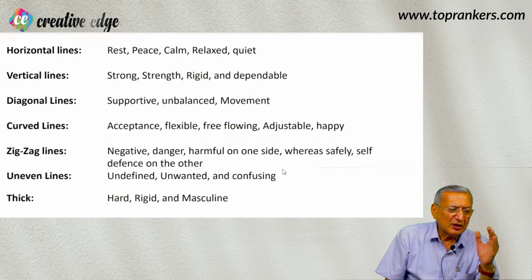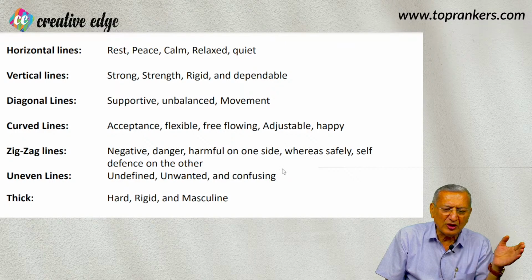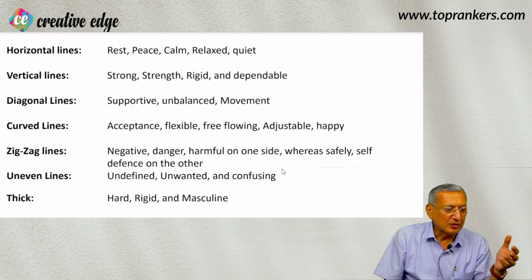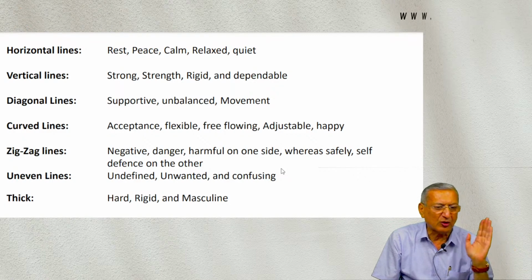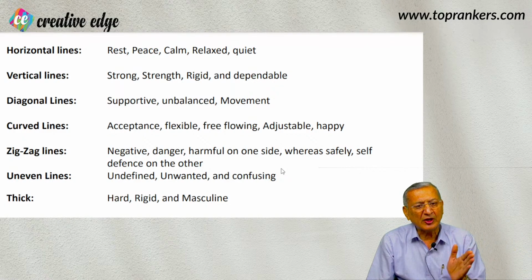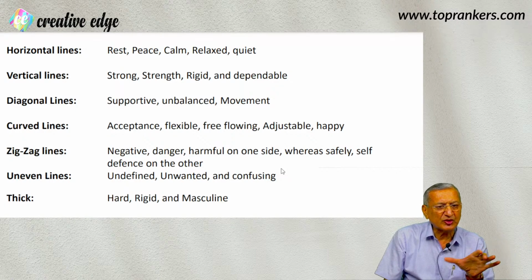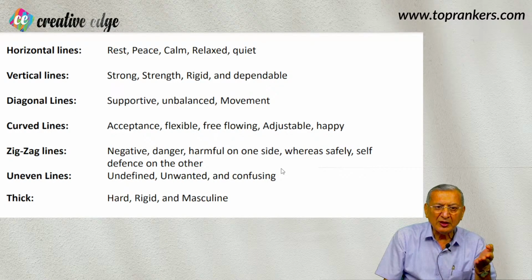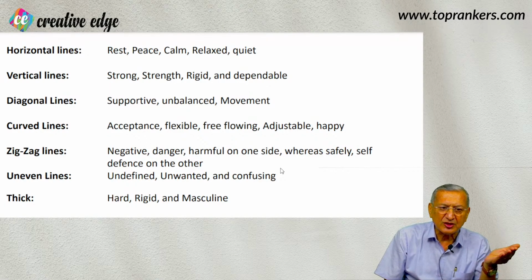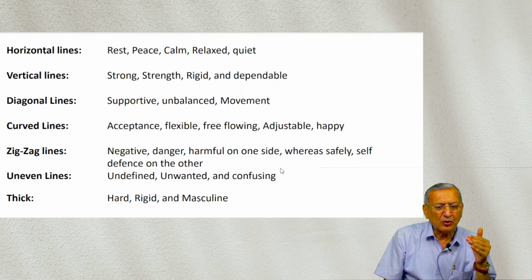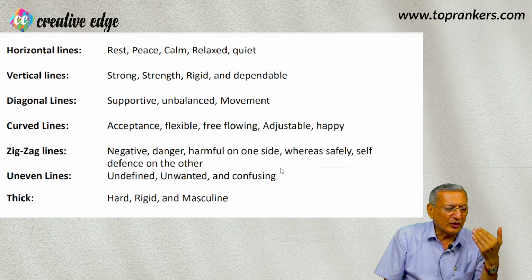So if you can really remember all these emotion depiction just by lines, probably you will be able to, firstly, decode the given painting or given artwork, and then you start jotting down the emotion shown in that, and then you start finding out from your reserve knowledge as to how you are going to really depict it.